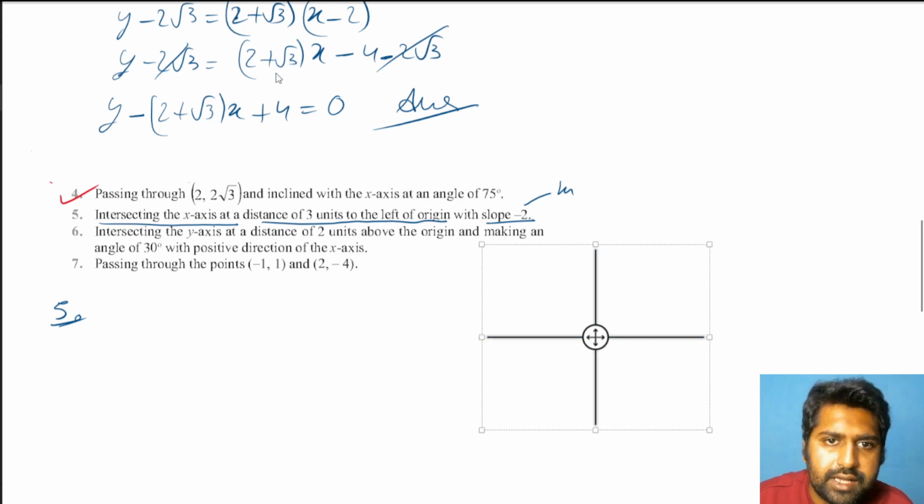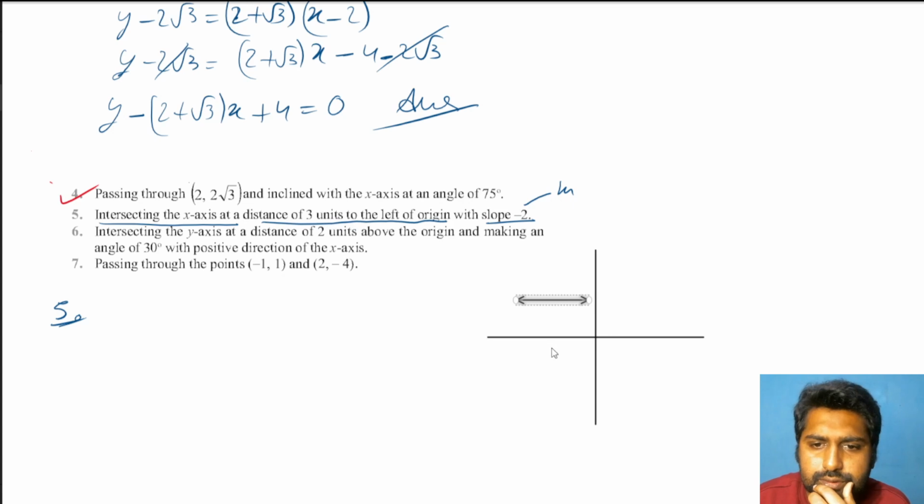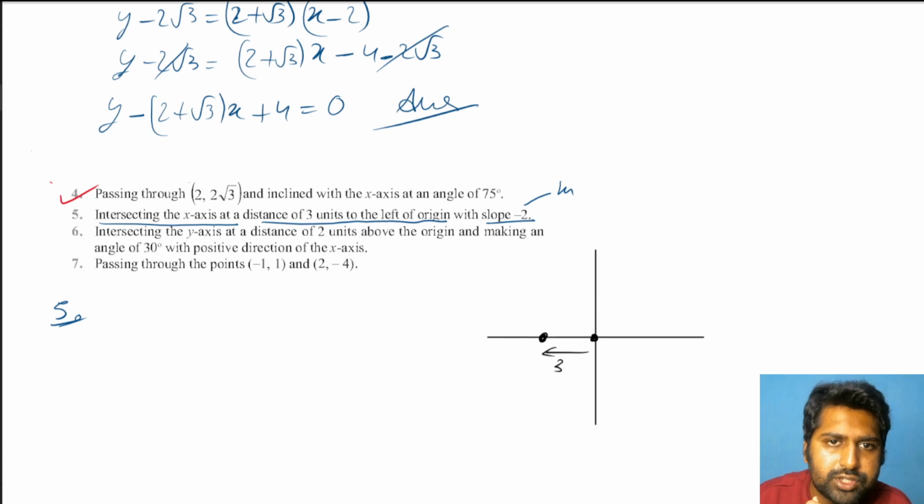So basically we have a line that is intersecting x-axis 3 units left of origin. So before even drawing the line, this is origin, this is left of origin, and this distance is 3, is saying. So line should pass through this.